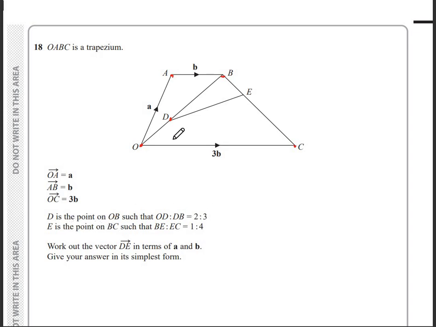E is the point on BC, this is our point E, such that BE to EC equals 1 to 4. Work out the vector DE in terms of a and b. Give your answer in its simplest form. So we want to find the vector DE, which is this vector here, DE.